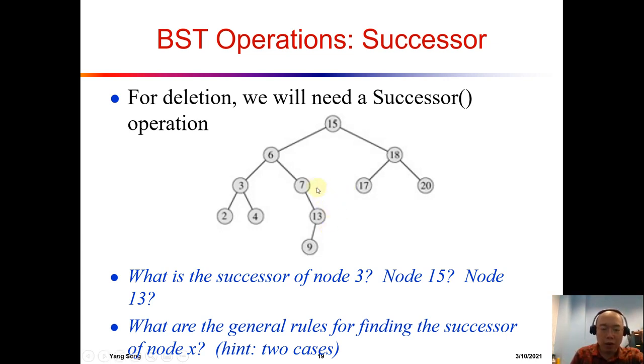So if we go up, we have 7, and 7 doesn't really have a left child, so we go to 6. 6 has a left child, but the left child of the 6 will be 3, and 3 is not an ancestor of 13. So we go to 15, and for the 15, it is an ancestor of 13, and the left child, which is 6, is also an ancestor of 13. So 15 is the successor of 13.